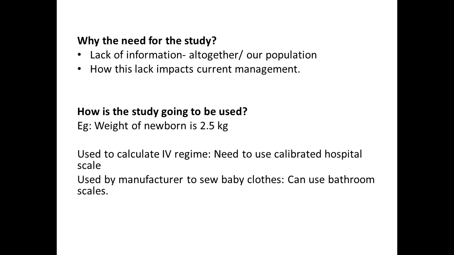However, if we just want to sew baby clothes, then we don't need to spend the money to buy that hospital scale. We can use a bathroom scale, right? So, how the study is going to be used and why the study needs to be done also plays a role in how stringent the study ought to be.